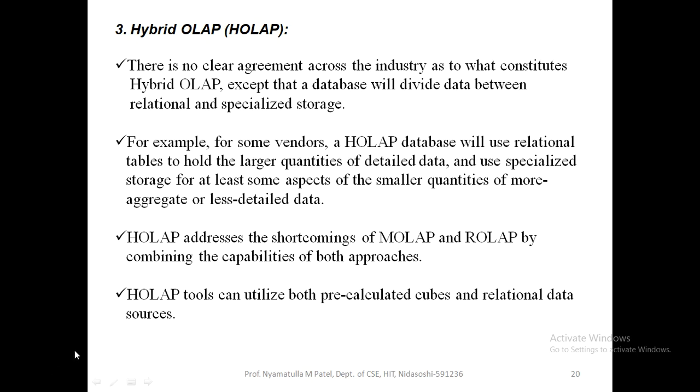Here it is told that it uses a relational database to hold the larger quantities of detailed data and uses specialized storage for at least some aspects of the smaller quantities of more aggregate or less detailed data. For that reason, OLAP tools can utilize both pre-calculated cubes and relational database sources.